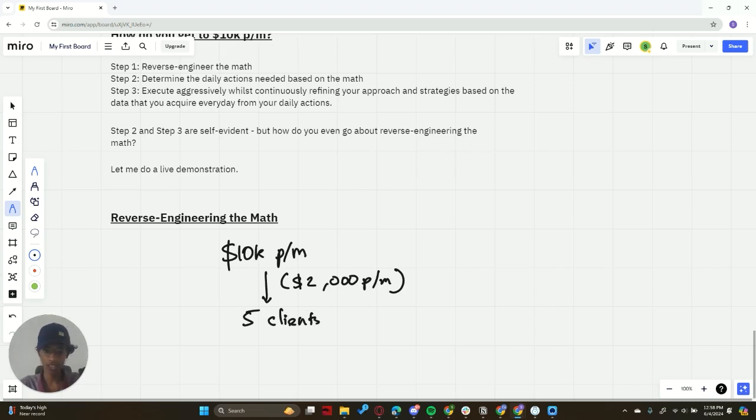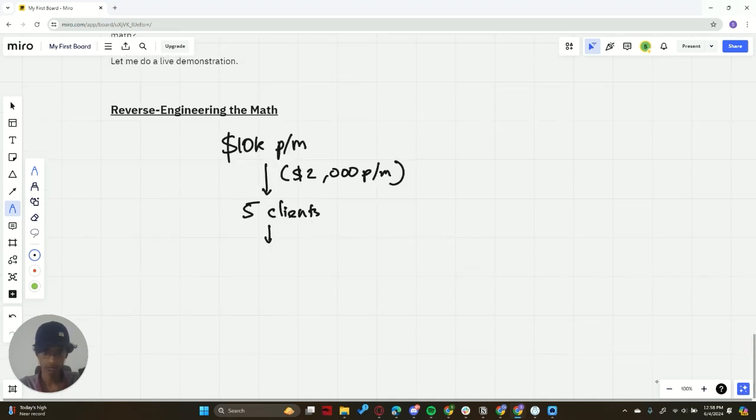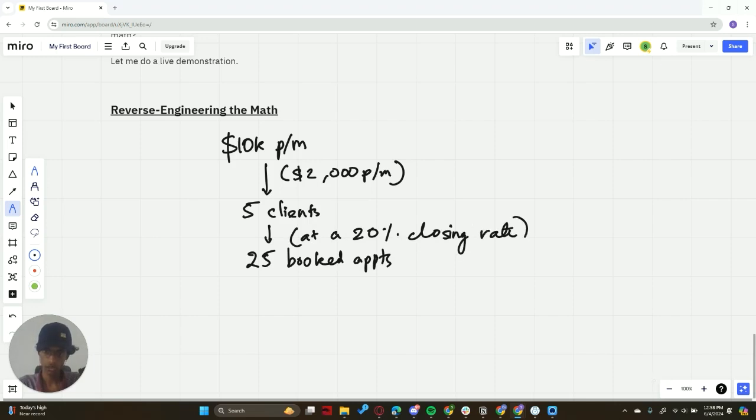And for 5 clients, you need 25 booked appointments at a 20% closing rate, right? Average closing rate. At 10%, you need 50 appointments, but for the sake of convenience, let's assume 20%, right?